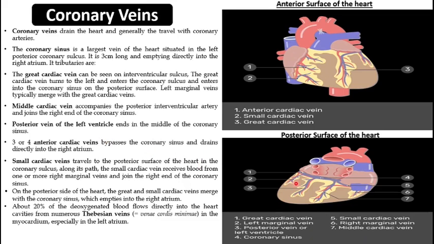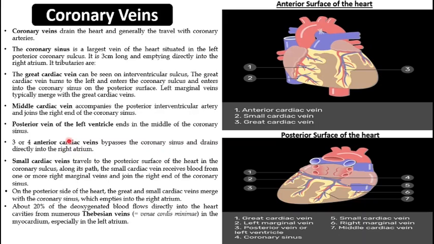The posterior vein of the left ventricle also joins the coronary sinus. Three or four anterior cardiac veins bypass the coronary sinus and drain directly into the right atrium. So the anterior cardiac veins bypass the coronary sinus and drain their deoxygenated blood directly into the right atrium.